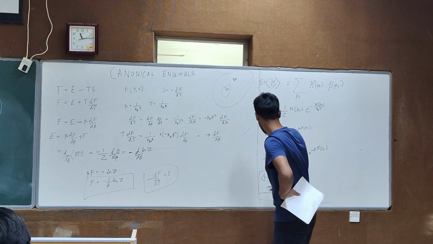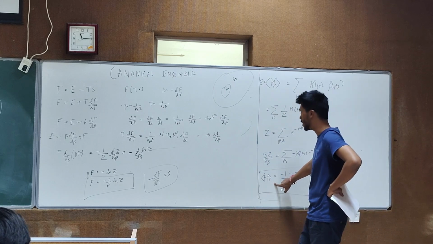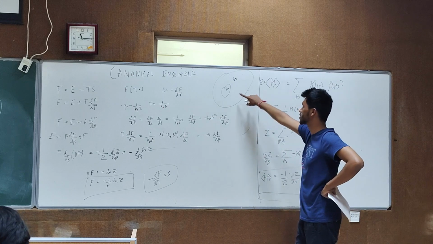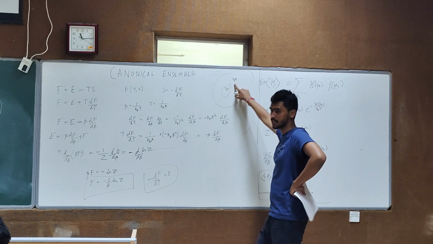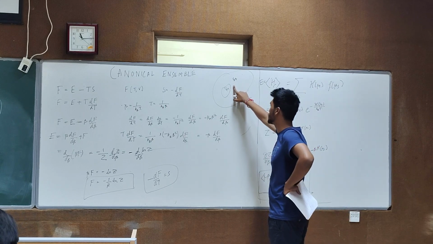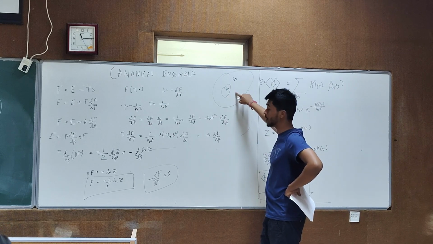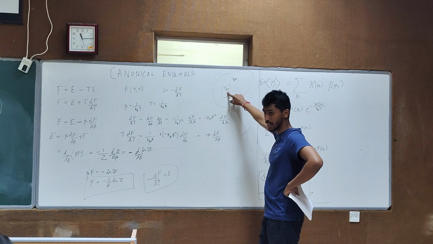So whatever average energy E of H you calculate turns out to be this energy where it's maximized, and your system would most probably be found at this energy.